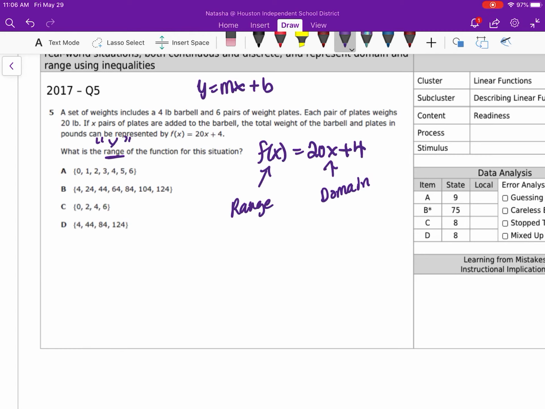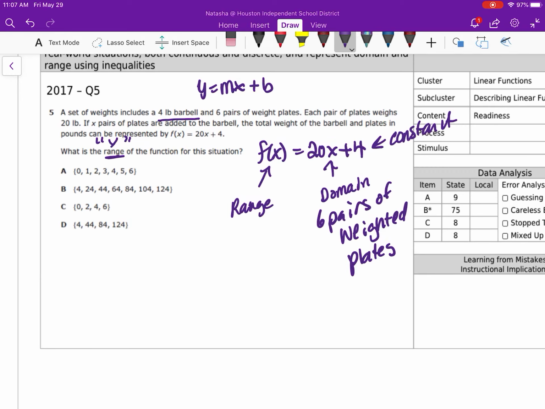Well, if I look at this 4-pound barbell, that is that value there. That's our constant. That's our y-intercept if I were to put this on a graph. Now, depending on the input, the number of pairs of weighted plates, so the 6 pairs of weighted plates, let's think about how many pairs we have.